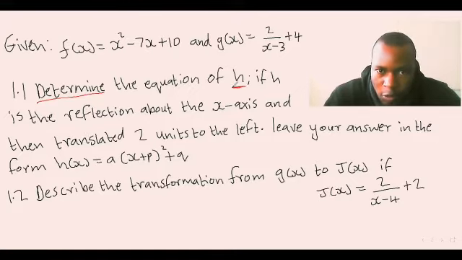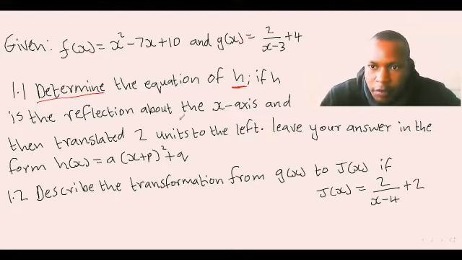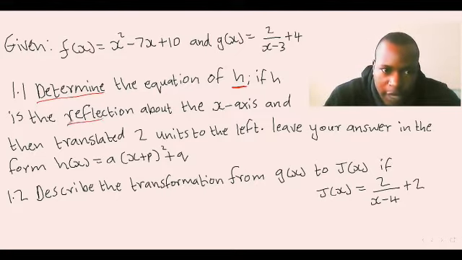That would be what you will transform it to. If h is the reflection, so h is being reflected about the x-axis, and then translated 2 units to the left.